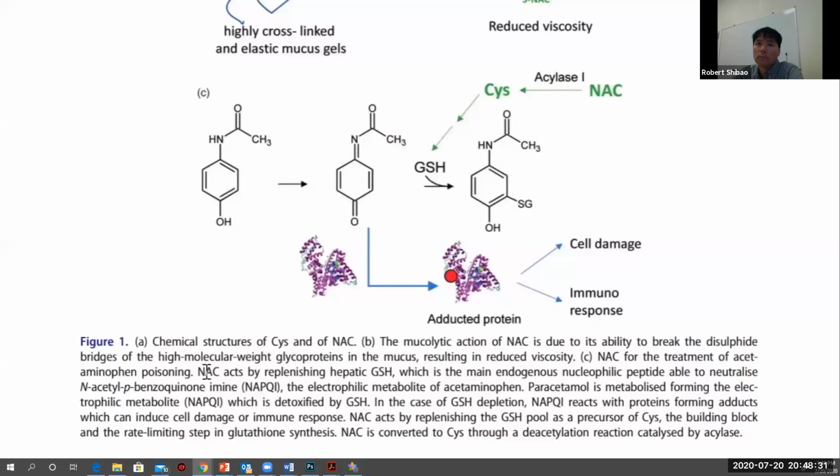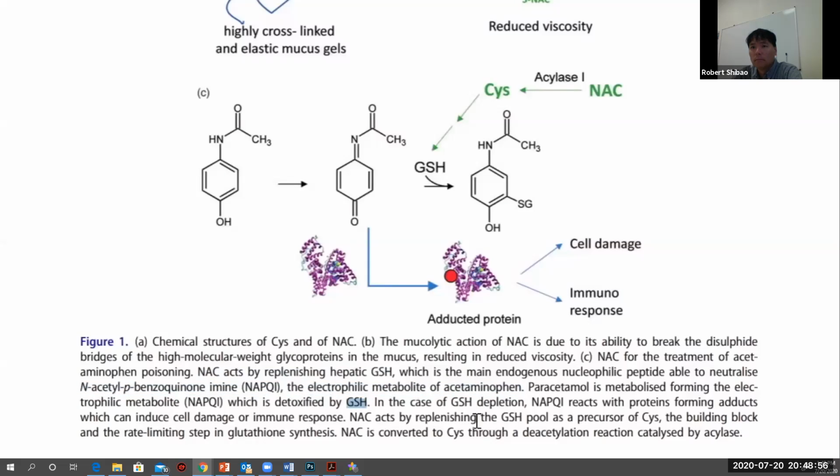As you can see here, NAC acts by replenishing hepatic glutathione, which is the main endogenous nucleophilic peptide able to neutralize the major metabolite of acetaminophen, which is Tylenol. Now, in Europe, it's known as paracetamol, and it's metabolized, forming the electrophilic metabolite NAPQI, which is detoxified by glutathione.